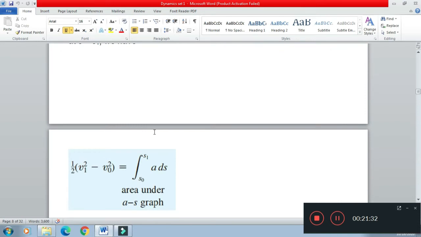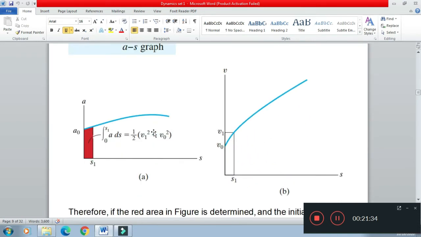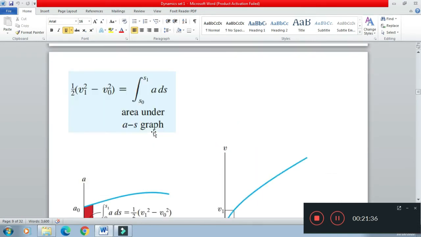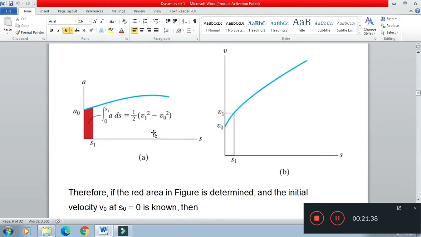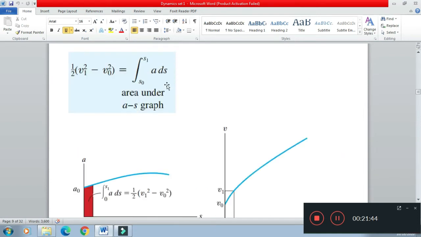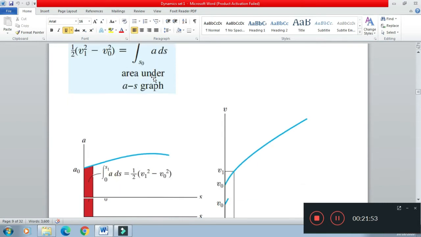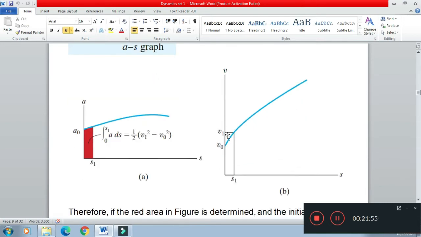Now we can have a few more cases. Suppose the acceleration and position curve is given. Suppose we do not know the time. We have the acceleration as constant or we have the acceleration in terms of s. So using this data we can find the change in velocity. Acceleration multiplied by ds.